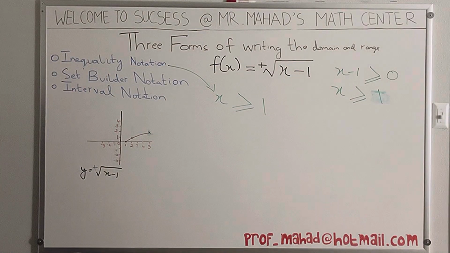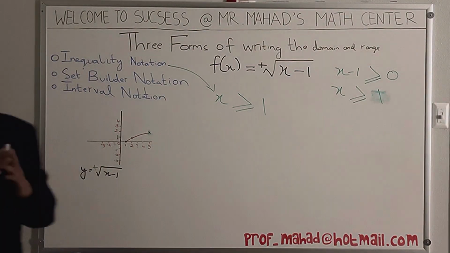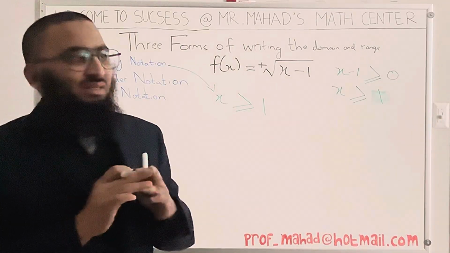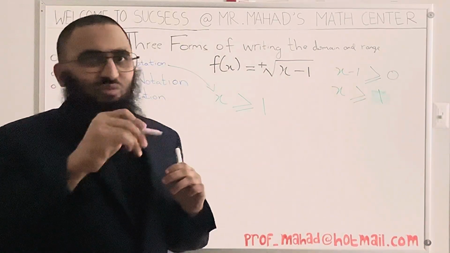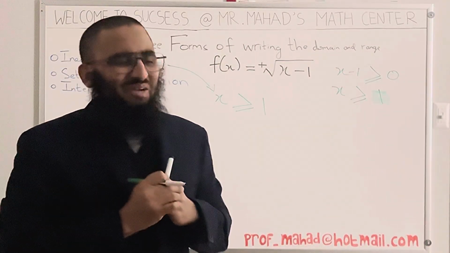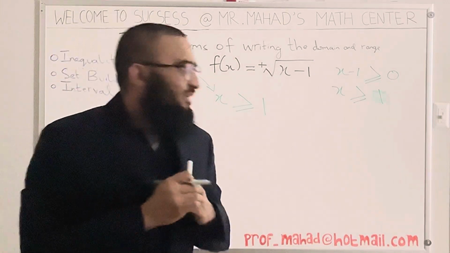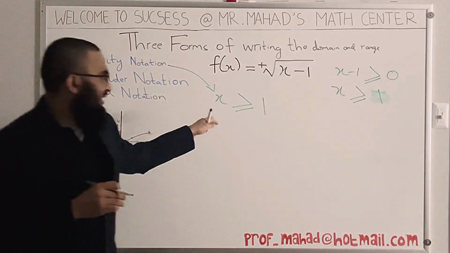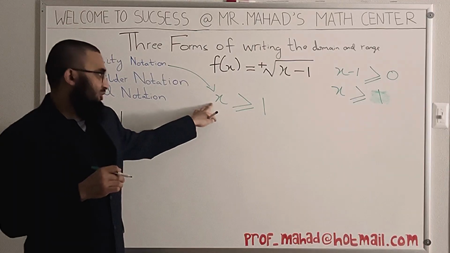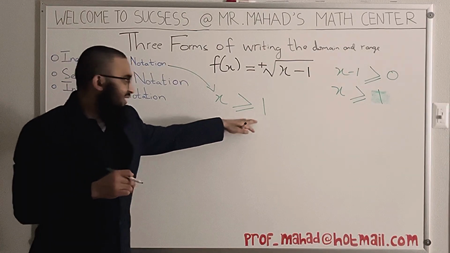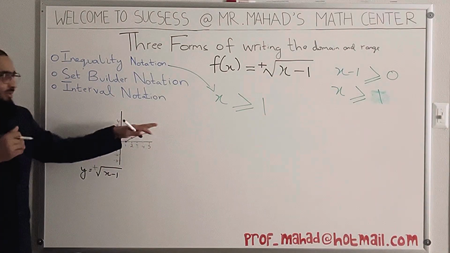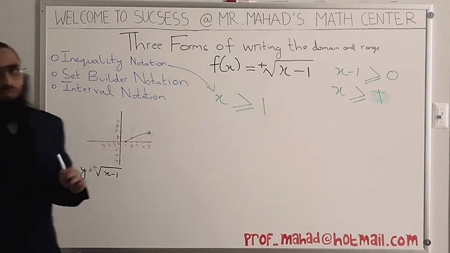Of course, no one has the task of writing all the values separately, we would lose all our lives, so that's why we have inequality notation. This tells us that x can be 1 and all the values above 1.